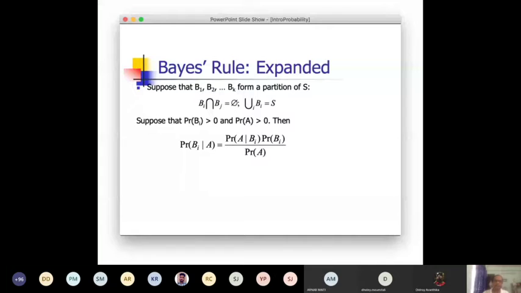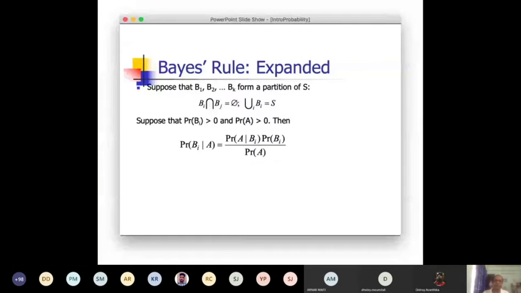You can see that's a special case when we consider a very generic situation where you consider all different possibilities of outcomes of an event, say event B. These are all outcomes, so B1, B2 to Bk, and they are mutually exclusive outcomes on the sample space.